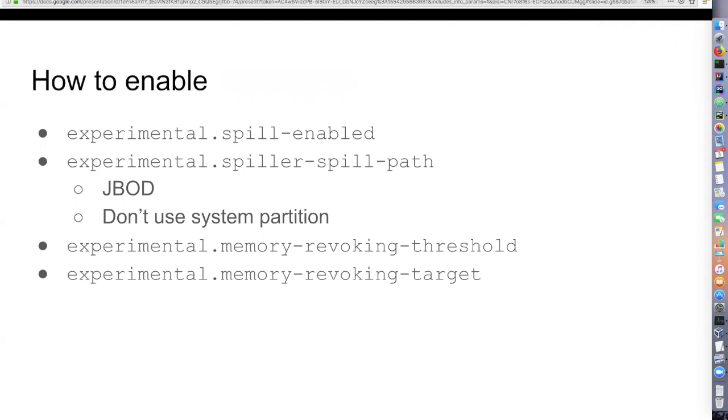I have a question. Did you try to use spill at Facebook, actually? No, we would have had to write the plugin implementation because the compute machines don't have storage on them, so the only storage is remote.